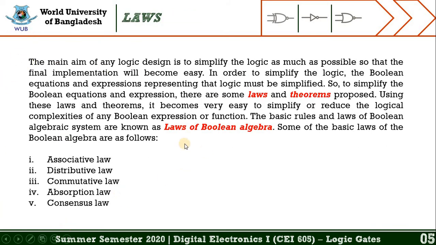From this slide we may know some of the laws of Boolean algebra. So let's start. The main aim of any logic design is to simplify the logic as much as possible so that the final implementation, or fabrication, will become easy. Final implementation means fabrication. Fabrication means to use for commercial purpose.